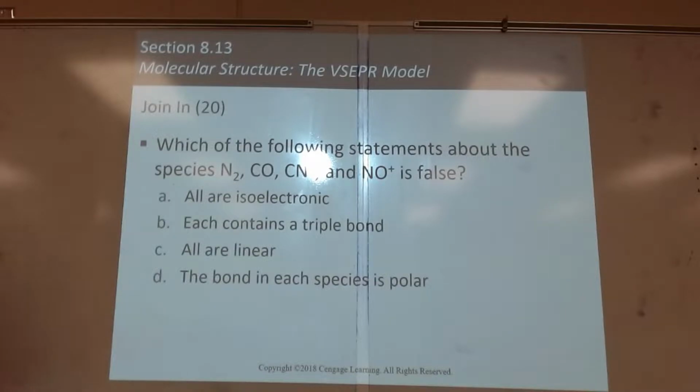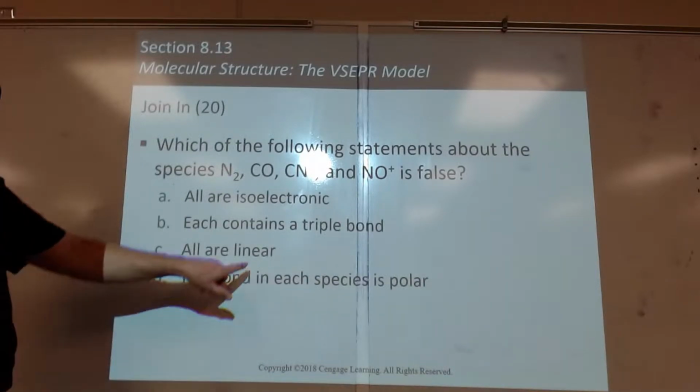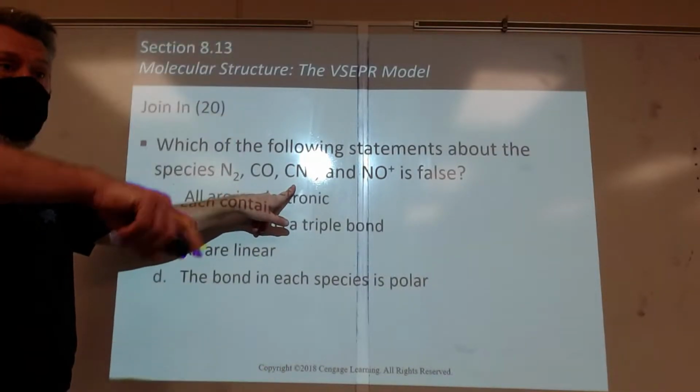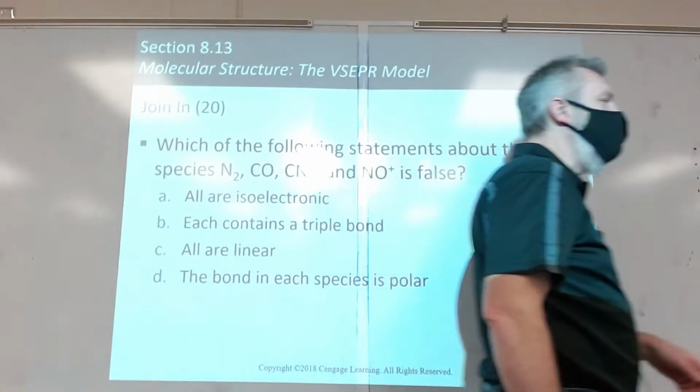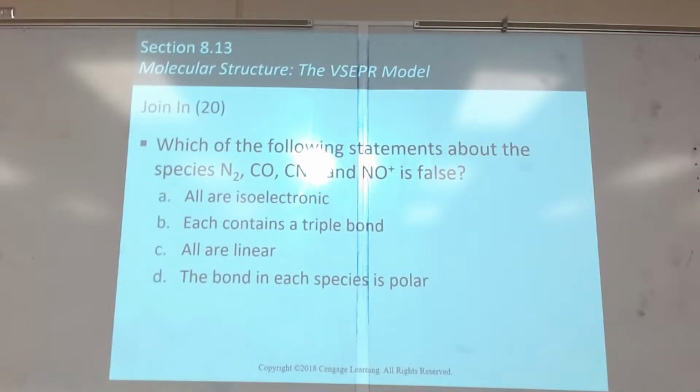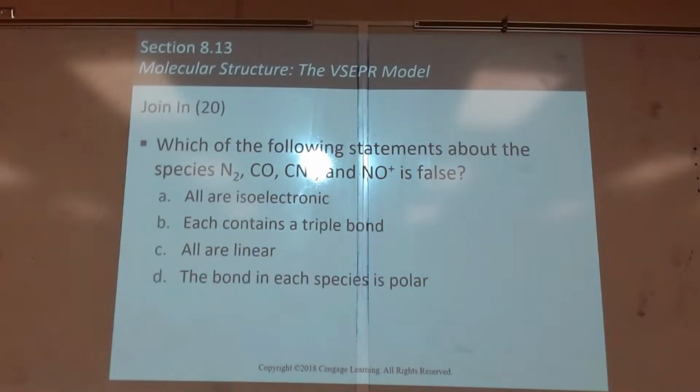Which of the following statements about the species N2, CO, CN-1, or what's CN-1? Cyanide. NO plus. Which one of these is false? Which one's false?